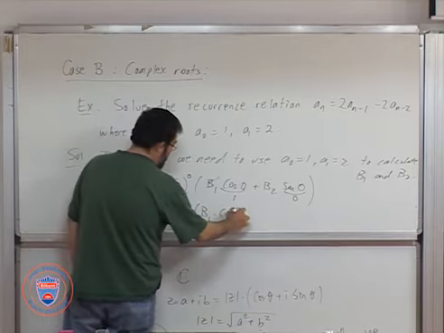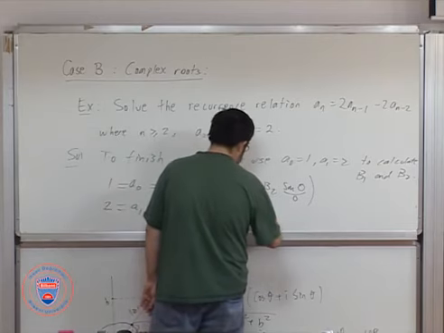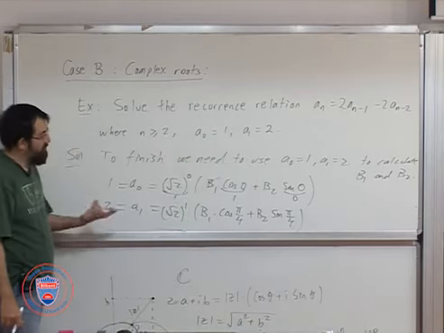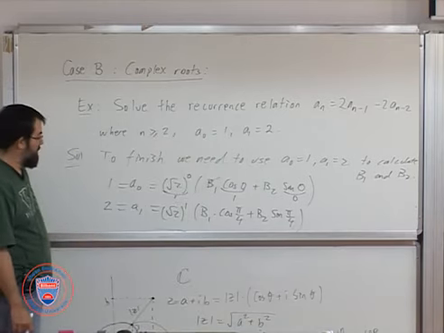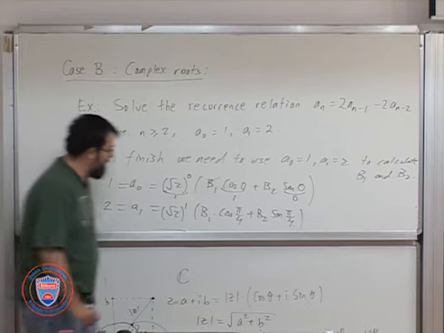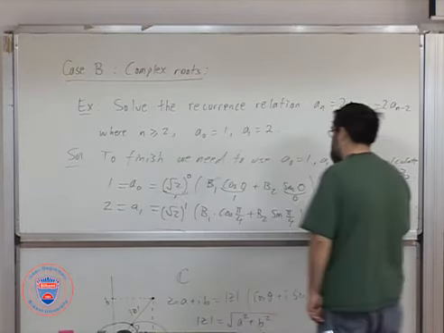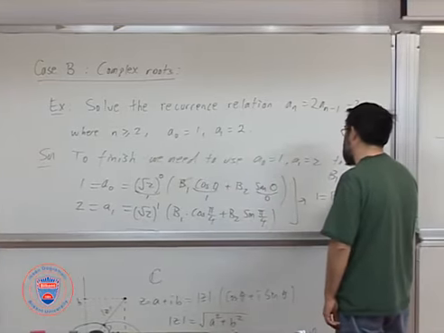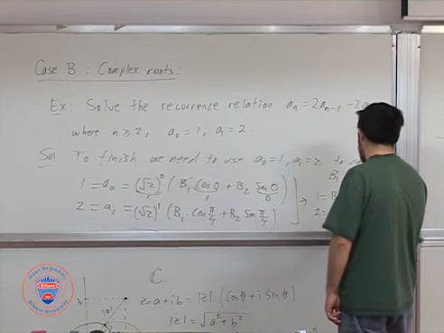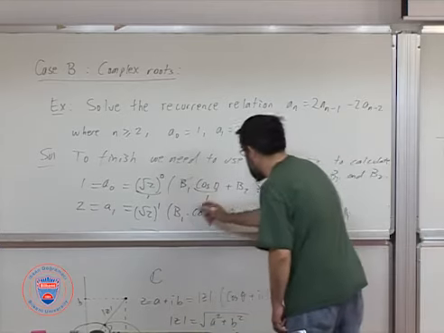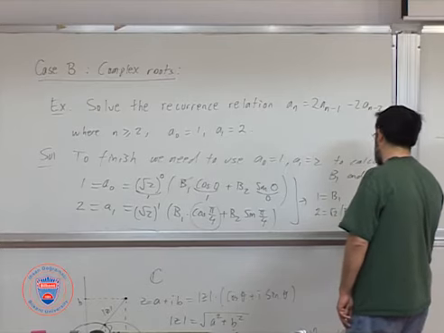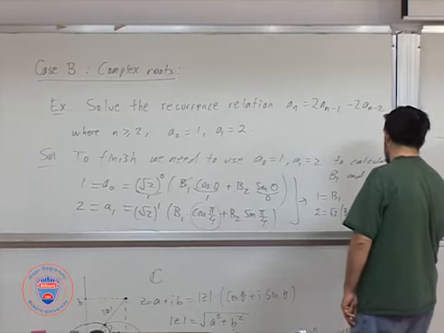This time you get B1 cosine pi over 4 plus B2 sine pi over 4. Which again, you need to know what cosine pi over 4, sine pi over 4 is. But it's often very concrete calculation. So from this, you get 1 equals B1. And then 2 equals square root of 2 times B1 times square root of 2 over 2, plus B2 times square root of 2 over 2.